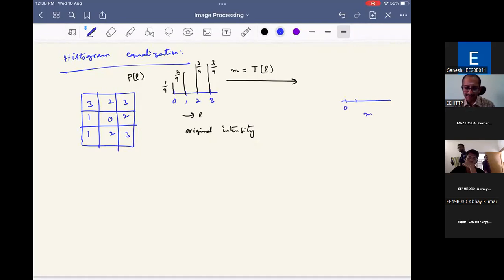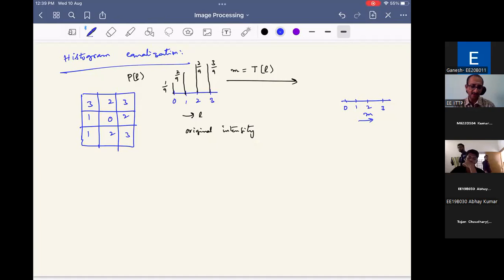Again, the intensities after transformation will also be in the range 0 to 3 only, but they get slightly redistributed. We will see what transformation makes things better, and that is guided by making the distribution more uniform.